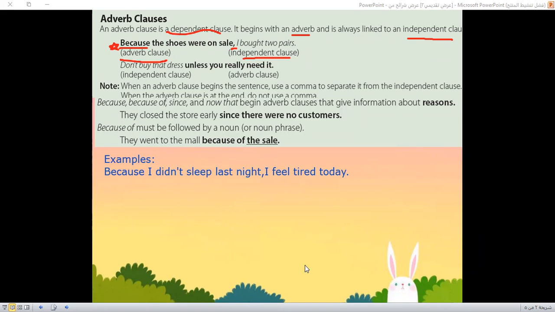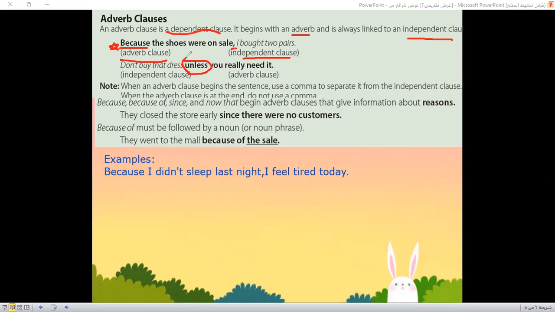Okay, let's see if I didn't start with the adverb. For example, here we have, don't buy that dress unless you really need it. Do you know the meaning of unless? Unless is an adverb, but what is the meaning of unless? Say it again, please, Rima. Unless means except, if you need it.